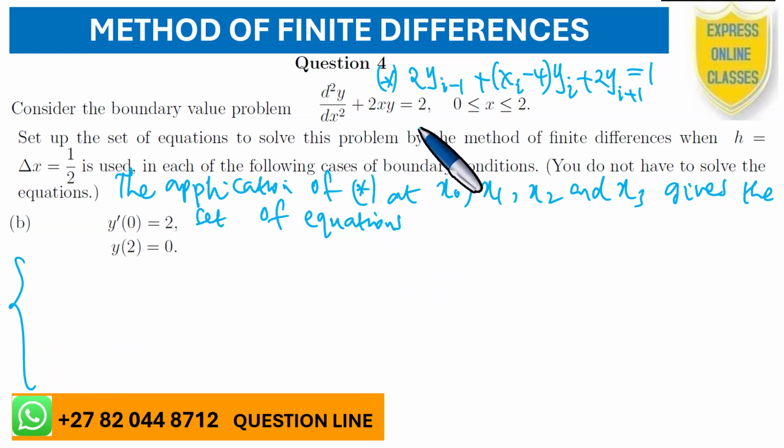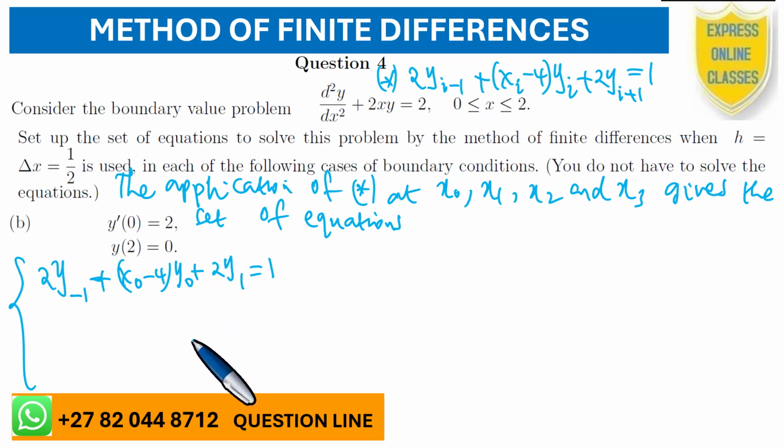When i is 0, we have x0, y0, y1 equals 1. Making i equals 0 in the first one, we have the minus 1 there. And then we continue.